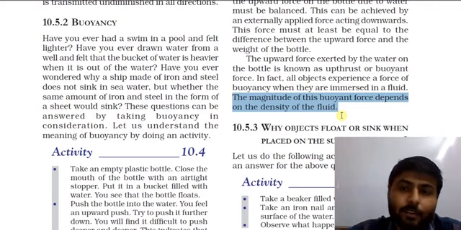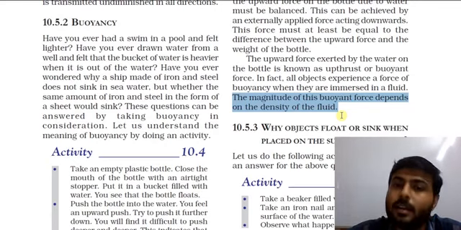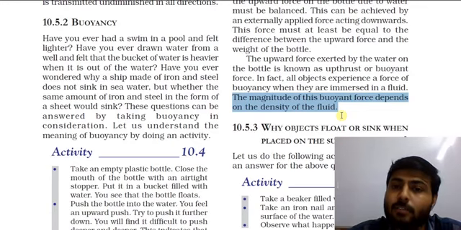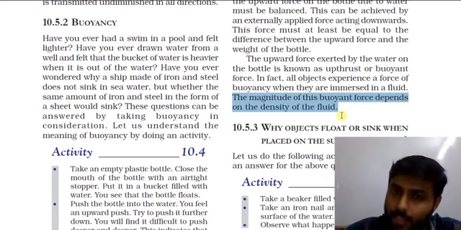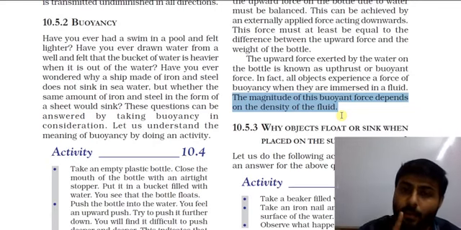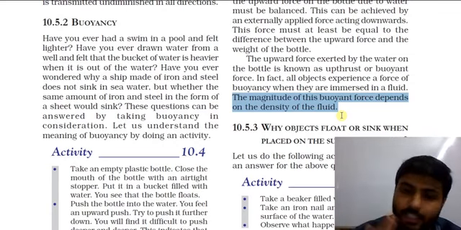So the SI unit of mass is kg, and the SI unit of volume is meter cube. So we have the SI unit of density as kg per meter cube, that is nothing but the SI unit of mass density or say density.